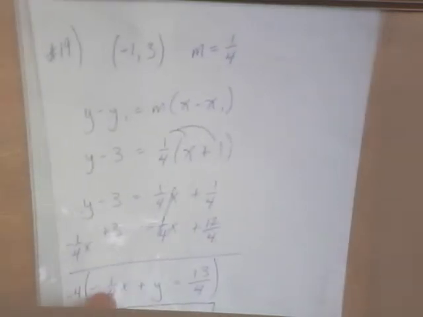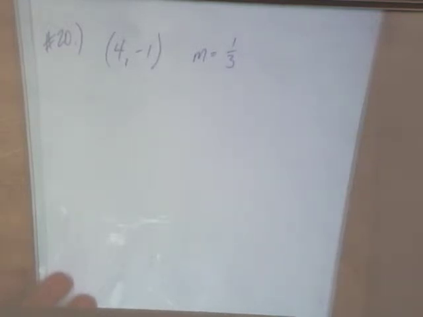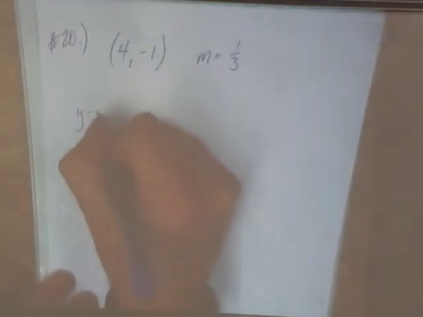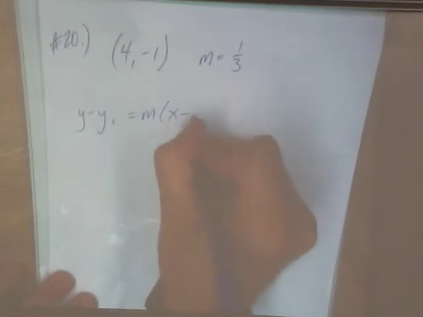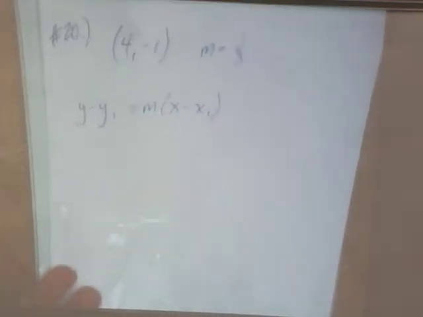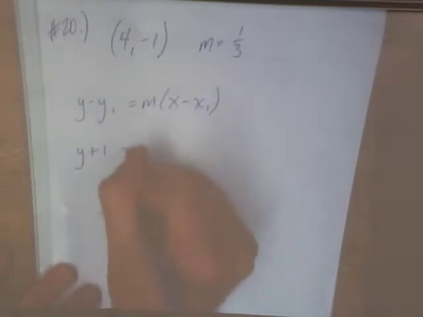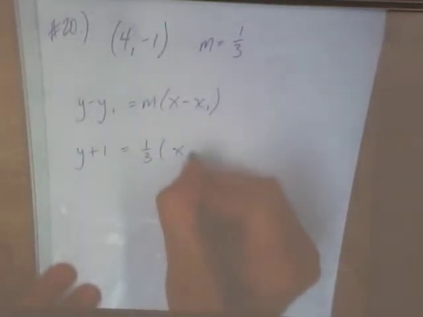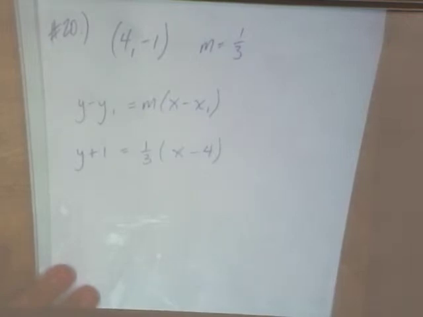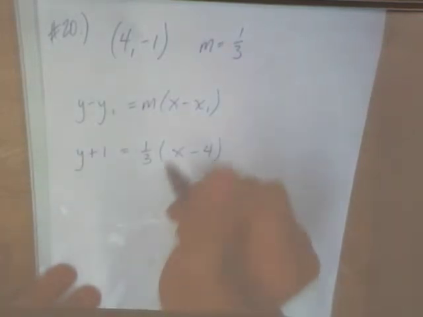Good, all right. 20. Write the equation in slope-intercept form. So start with point slope and plug in what you got, so it'll be y plus 1 is equal to 1/3 times x minus 4. And they want it in slope-intercept form, so we have to get the y by itself.